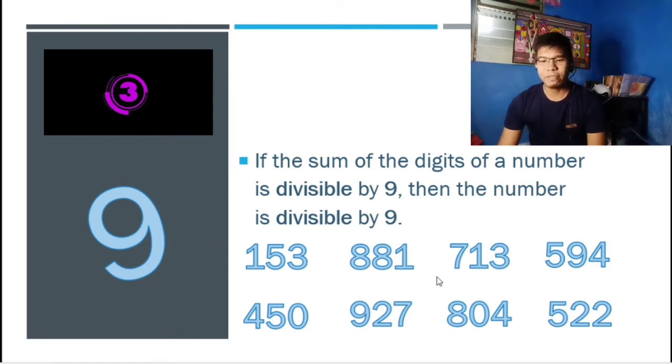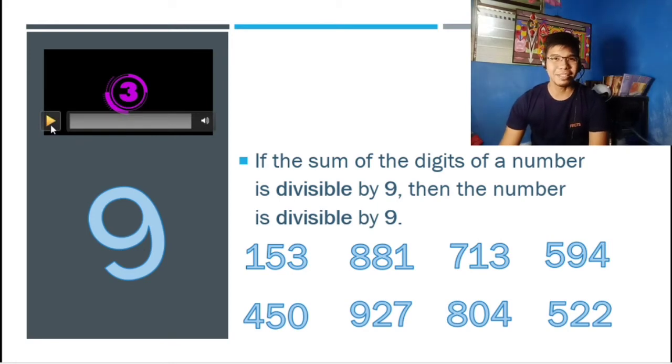For the last 7 examples, I want you to determine whether they are divisible by 9 following the rule. All you have to do is add all the digits, and if the sum of all the digits is divisible by 9, then the number is divisible by 9. I'll give you 10 seconds to do that.